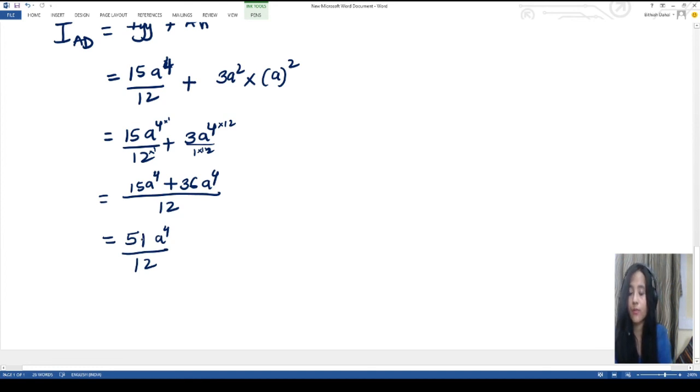So both can be divided by 3. So 3 ones are 3, 3 sevens are 21, right? 3 fours are 12. So I'm getting 17 a raised to power 4 by 4. So this is my moment of inertia about I AD.